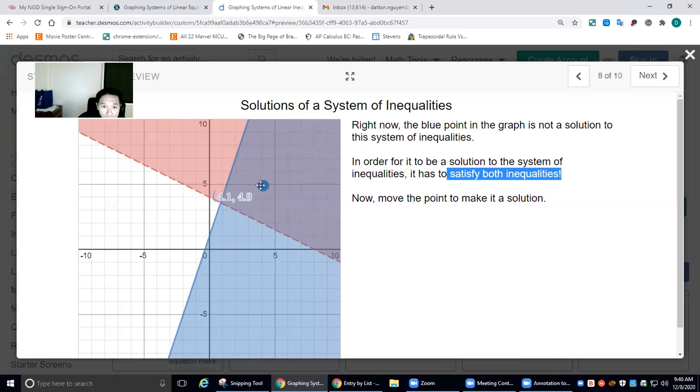Five. Let's see it. Yep. Thank you, Adriana. That's it. Notice the shaded region right here that mixes the blue and the red together. Perfect. Now the good thing about it is I can even move it right here.